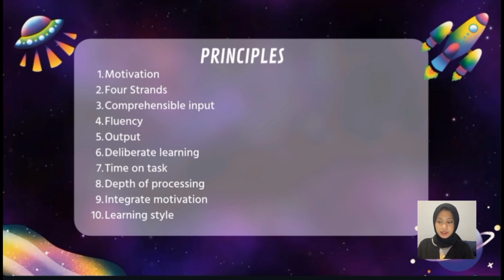Learners should process the items to be learned as deeply and thoughtfully as possible. Ninth, integrative motivation, meaning a course should be presented so that the learners have the most favorable attitude to the language, the uses of the language, the teacher's skill in teaching the language, and their chance of success in learning the language. The last one is learning style, meaning there should be opportunity for learners to work with the learning material in ways that most suit their individual learning style.